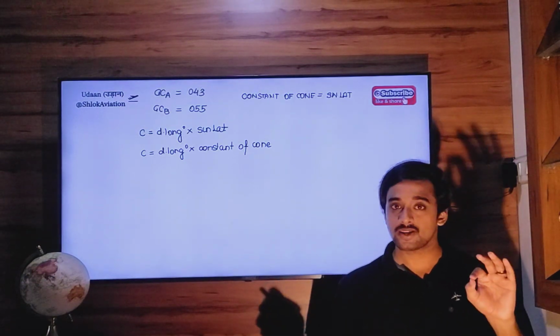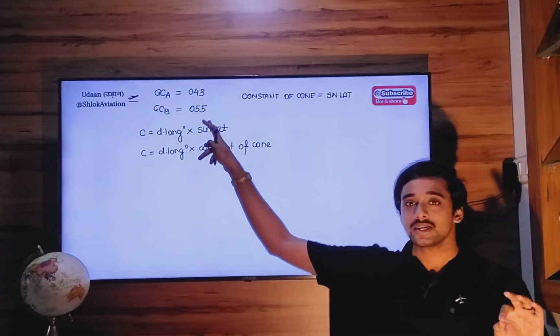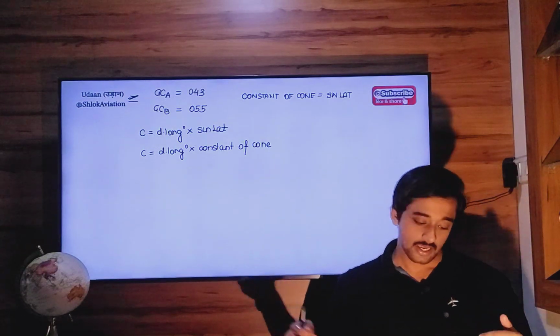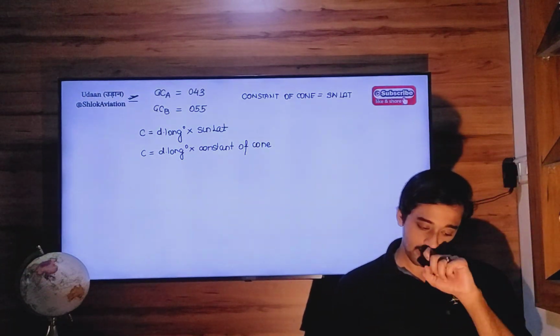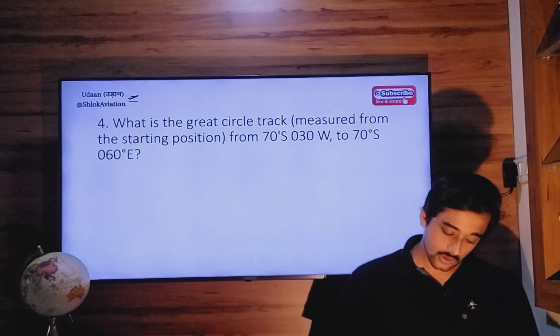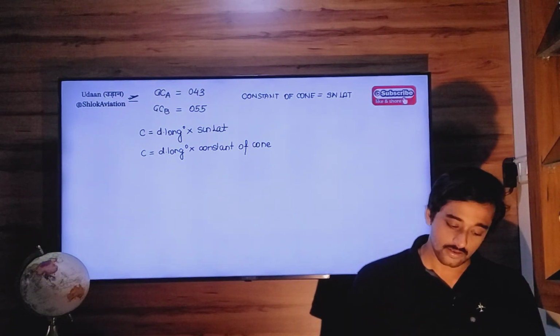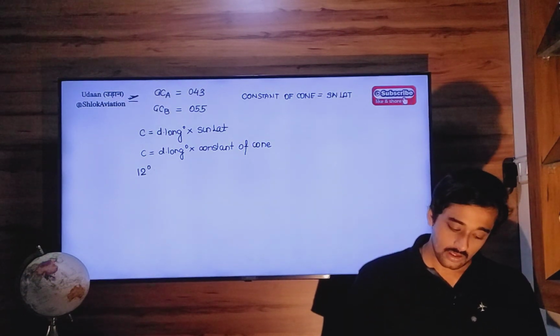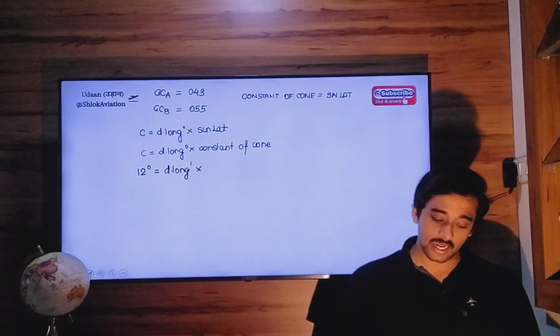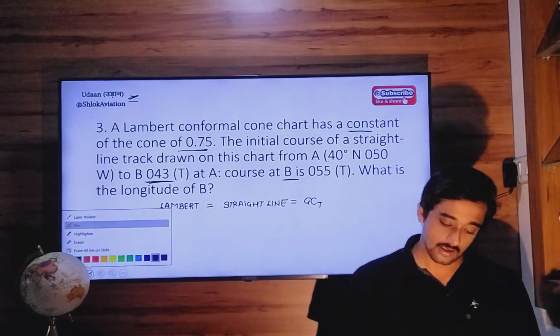Now we know that the difference between two great circle tracks is equal to your convergency. Now what is the difference between 55 and 43? It is equal to 12 degree, right? D long, and what is the constant of cone given? Sine latitude is 0.75.